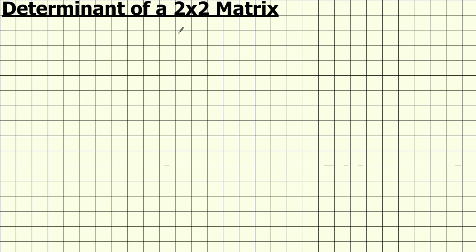You also need to have a square matrix, so like a 2 by 2 or a 3 by 3 or 4 by 4, and so on. Okay, so take the heading, the determinant of a 2 by 2 matrix. Just going to write a quick note about it first of all.